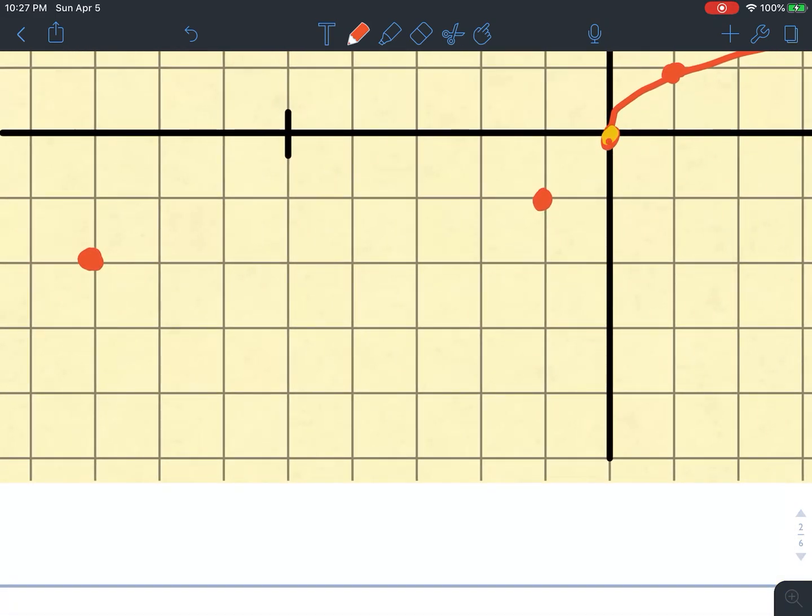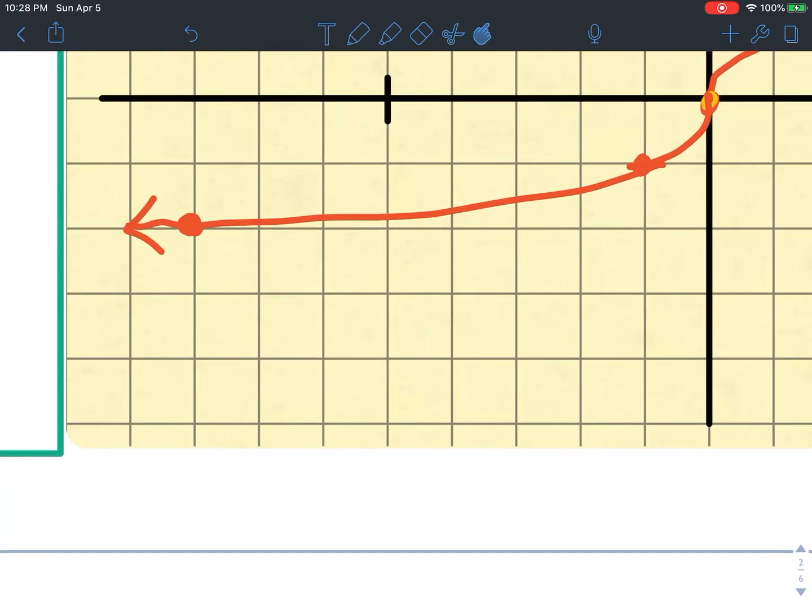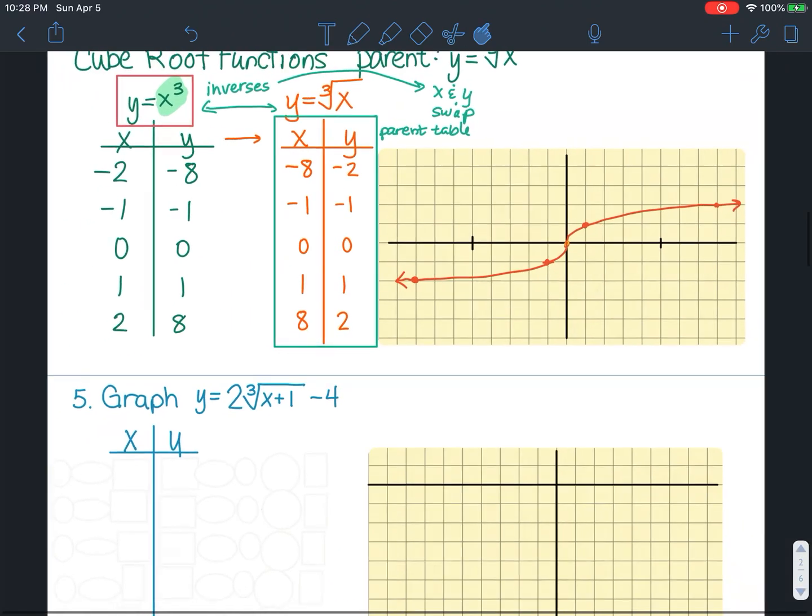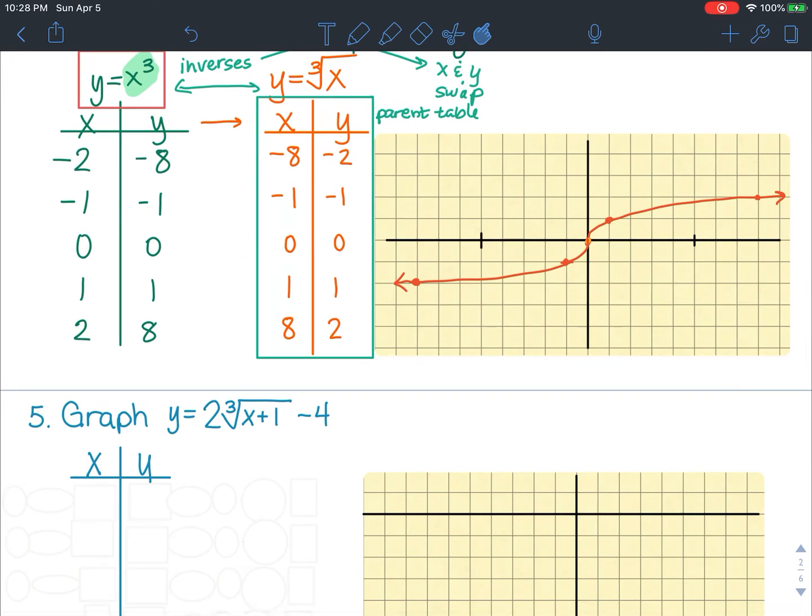And it's really important for calculus. That didn't look so good. Let me try that again. There we go. That was a fail. I guess that was better. Not my best work. Okay, so there's a cube root of x.